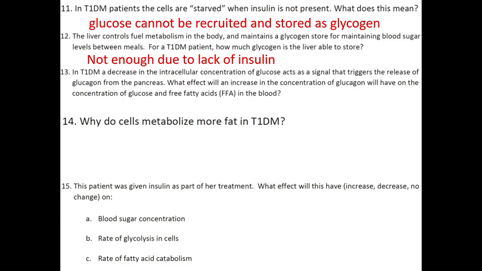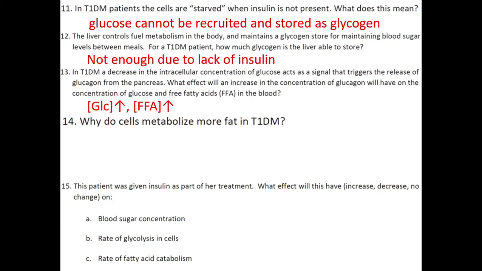So fatty acids will also be released by glucagon. So both of them will increase. We are going to increase the concentration of glucose, and we are going to increase the free fatty acids in the blood so that we can get enough energy.